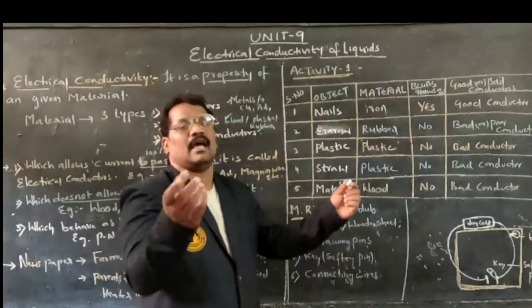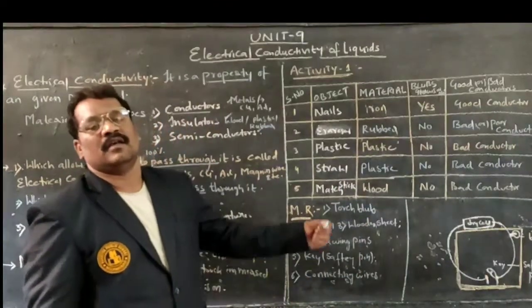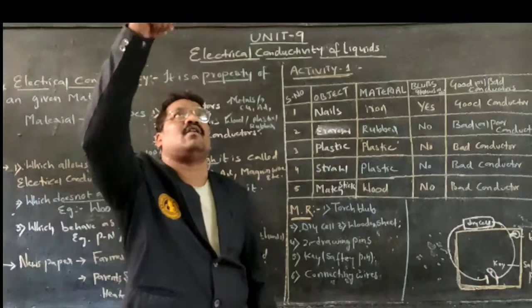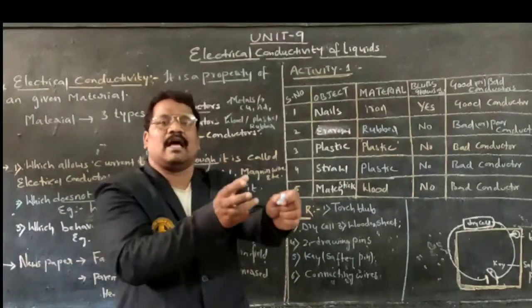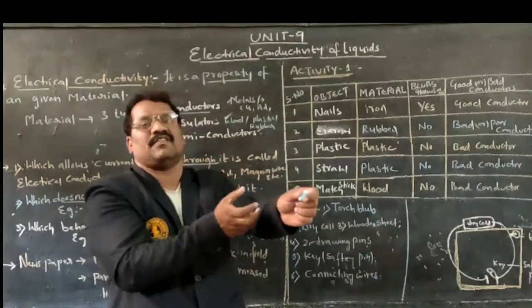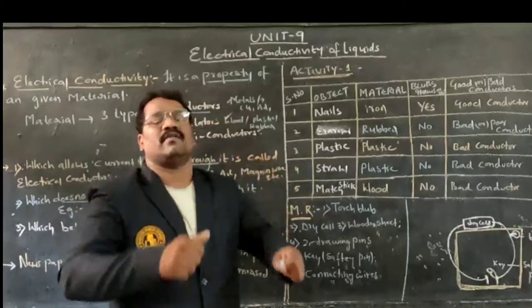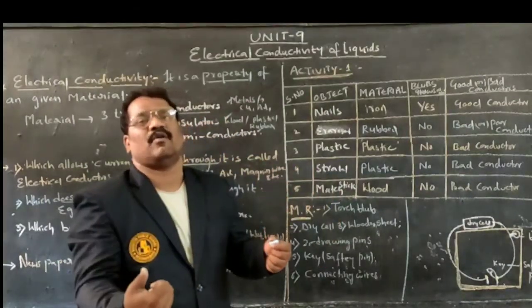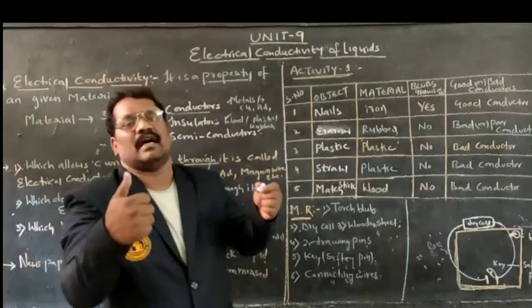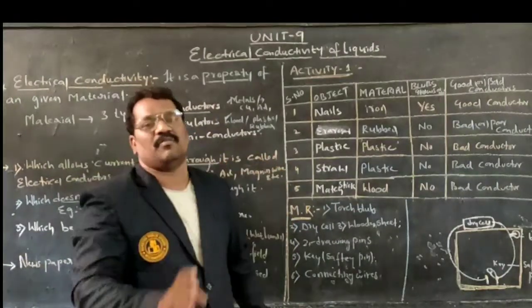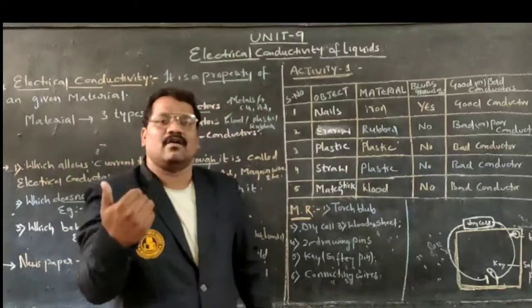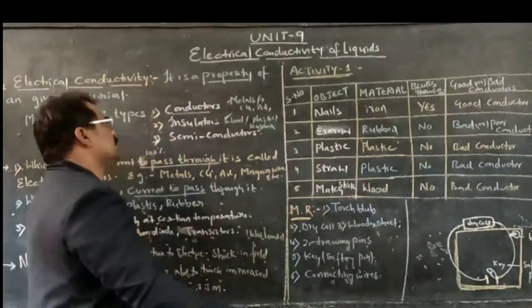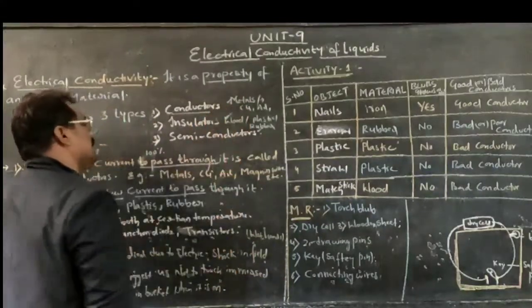That's the reason electrical people, when they want to do some work on the pole, wear rubber gloves and do all the work. So what happens is that current does not pass through the body. If current suddenly flows, it is not allowed to flow through their bodies. That is another example of insulators.